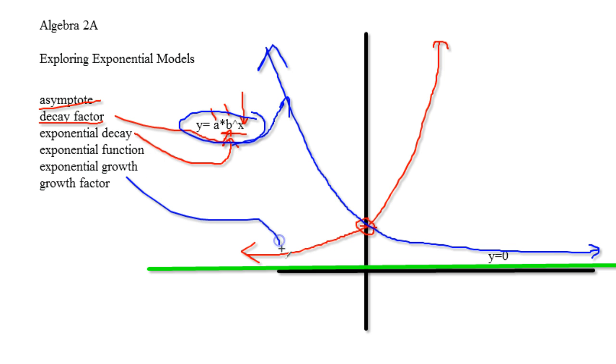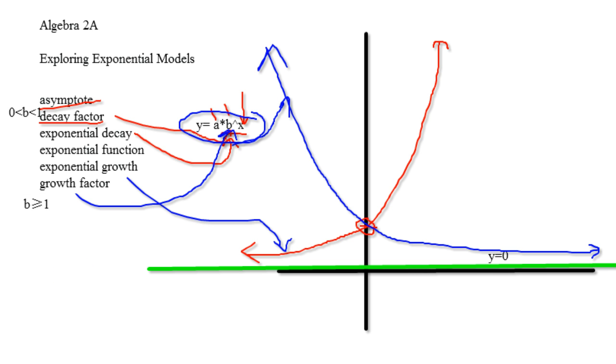Okay, now the actual exponential function is this, so that's pretty simple. Exponential growth would be this red one right here. Okay, and the decay factor would be b somewhere between 0 and 1. And the growth factor would be b being greater than or equal to 1.